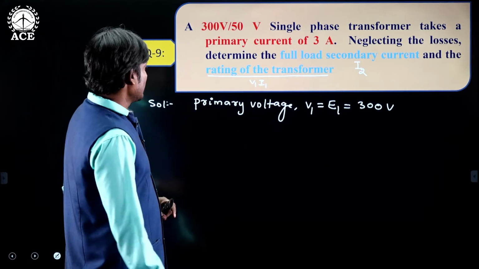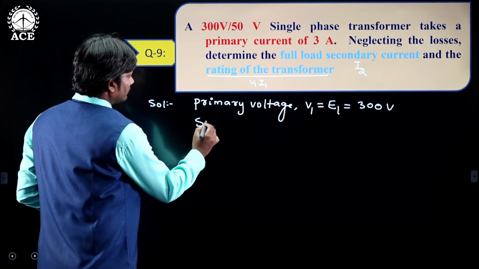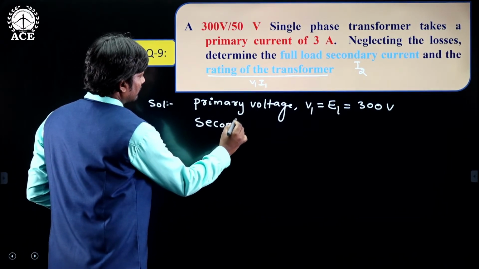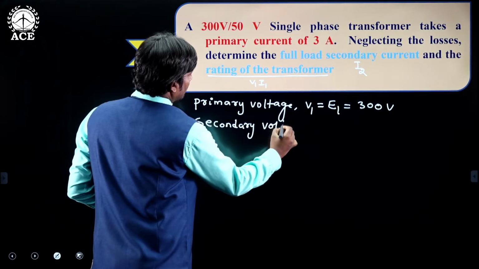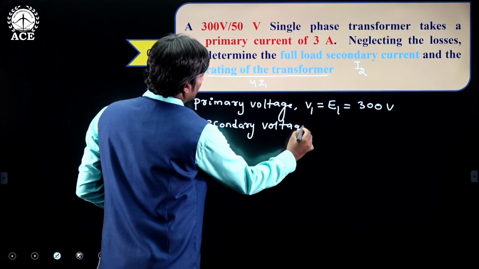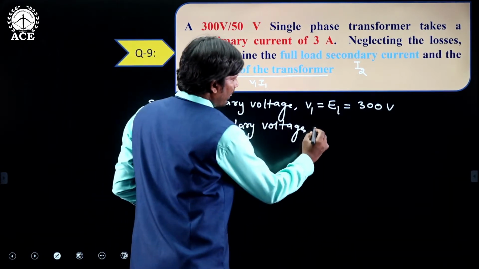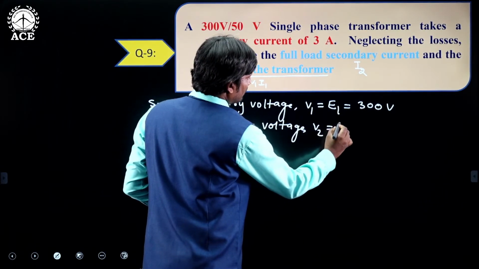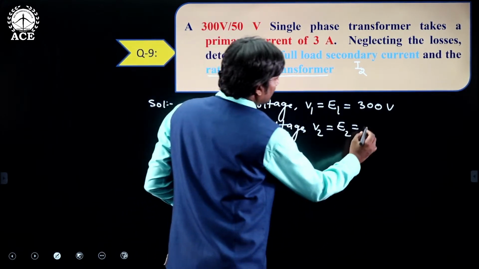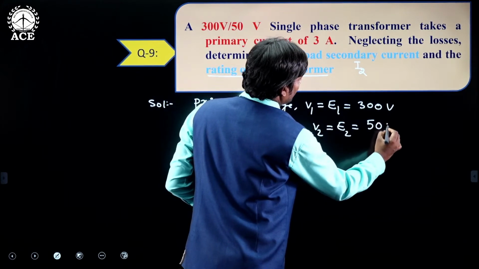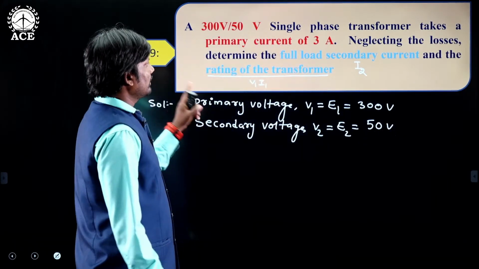Now similarly the secondary voltage V2 is equal to E2, which is 50 volts, neglecting the losses.